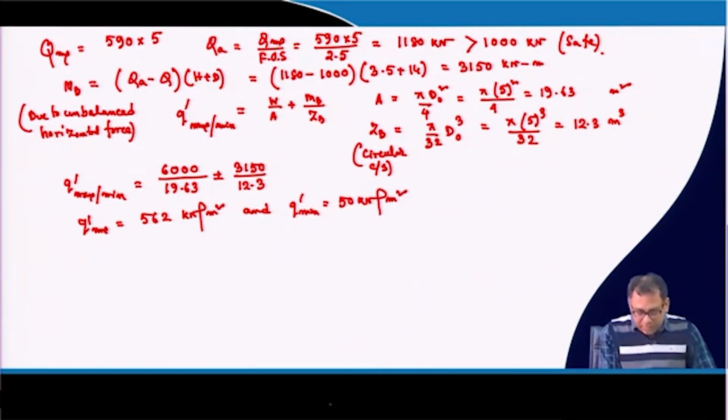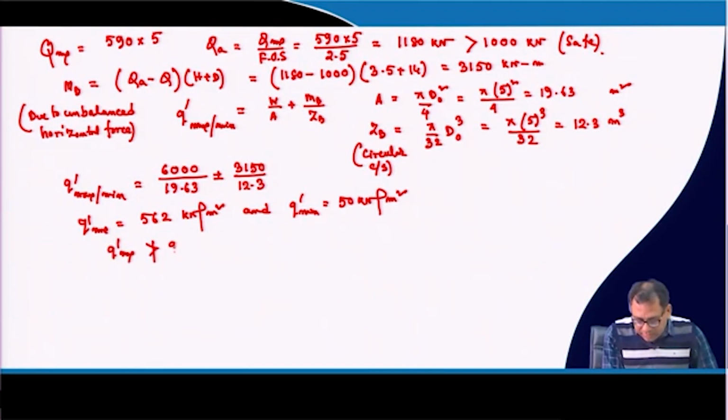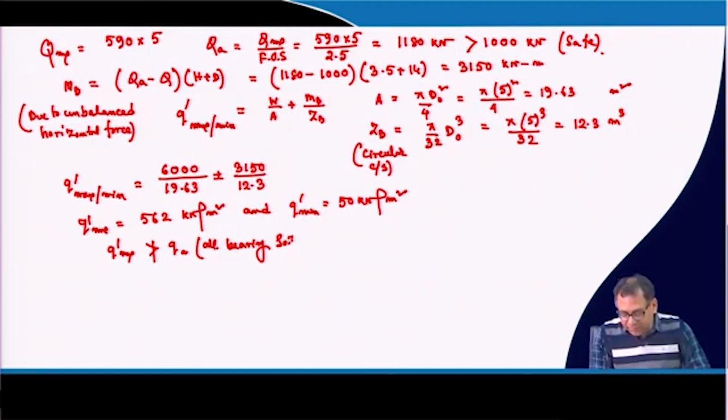So, your Q dash max should not be greater than the allowable bearing pressure of the soil.